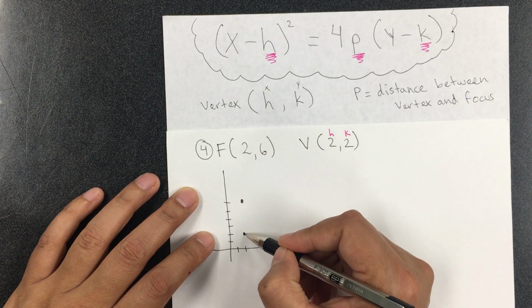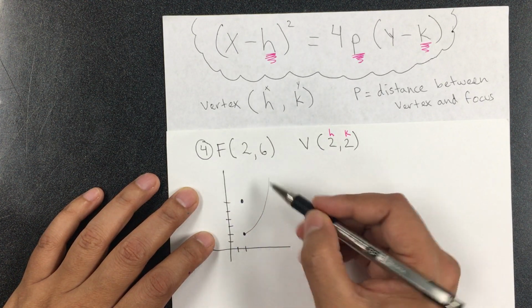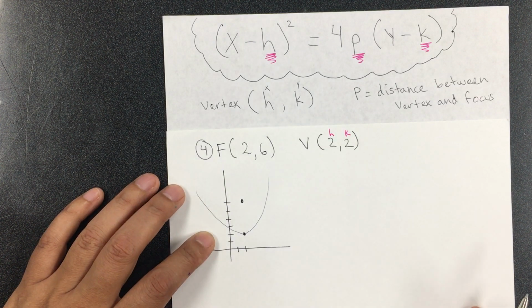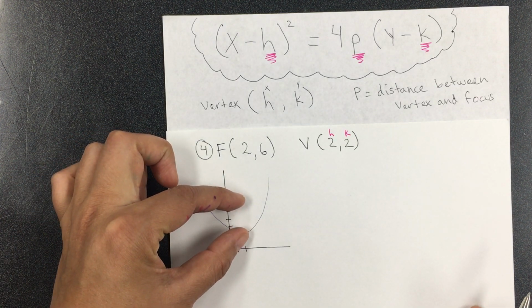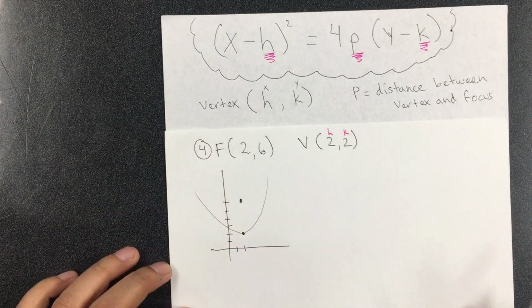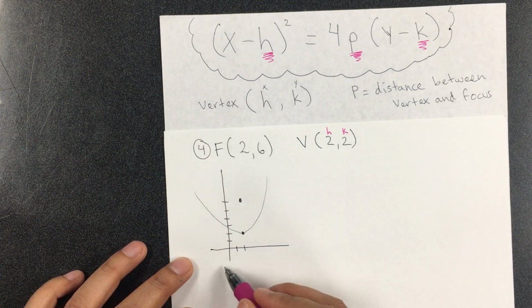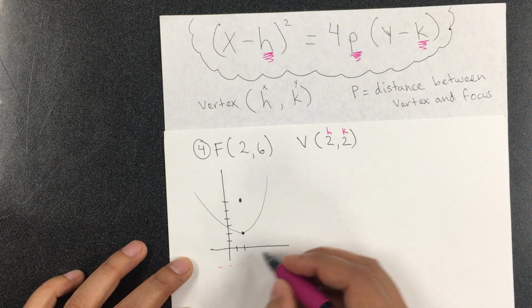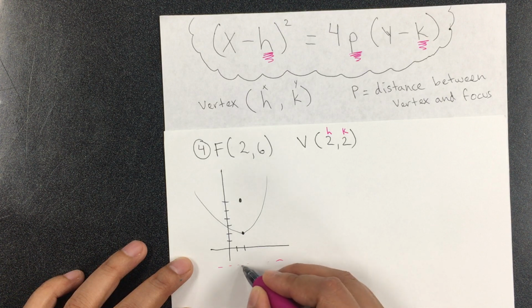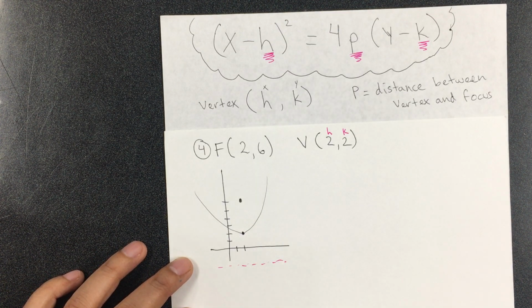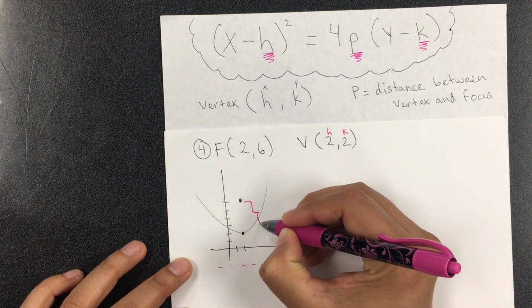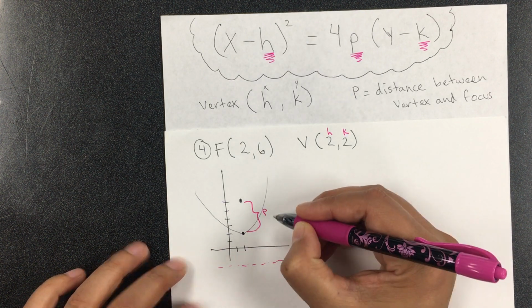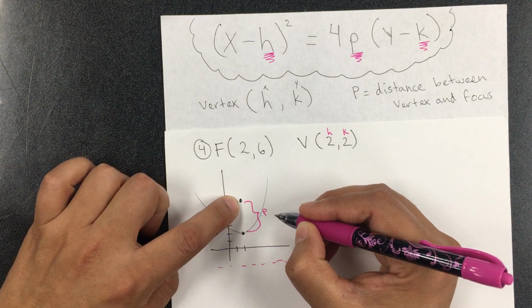That means my parabola will be opening in this direction. You don't have to figure this out, but your directrix will be exactly the same distance away, down here at y equals -2, which we don't need because we can figure out p by looking at the distance between the vertex and the focus.